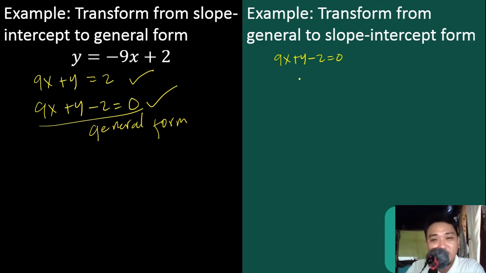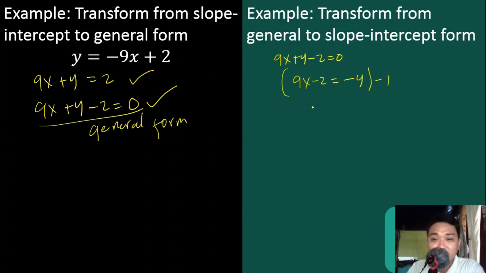So that is the same as 9x minus 2 is equivalent to y, transposing positive y, that will become negative y. And para mas makinis talaga siyang tingnan, let us avoid negative y's. So let us multiply everything by negative 1.